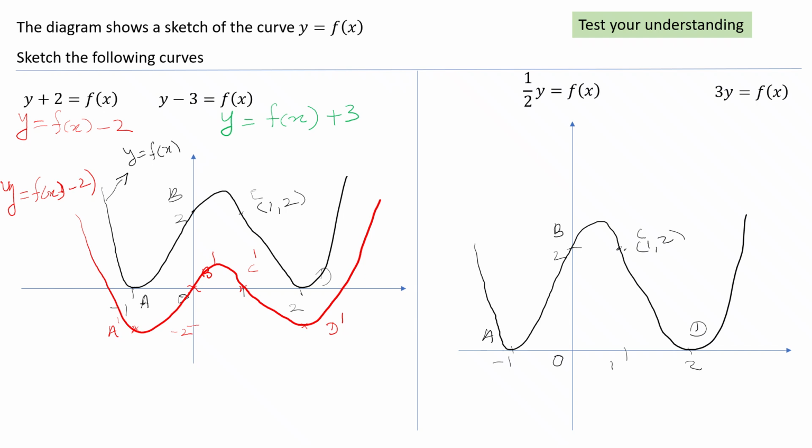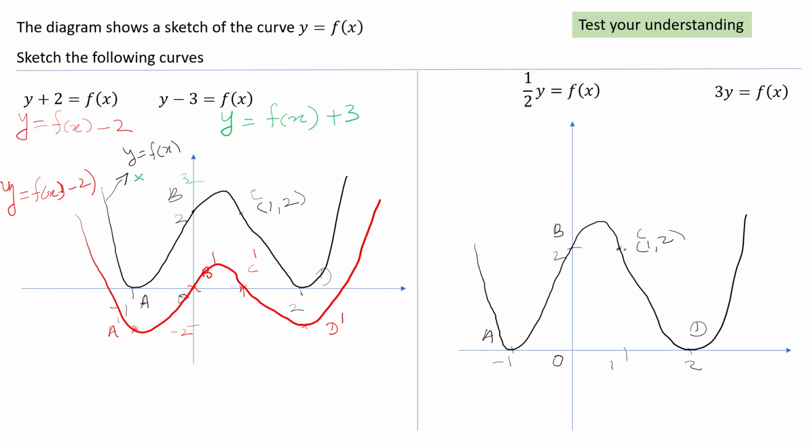So again, the y coordinate is increased by 3. So let's mark the new points. I'm going to mark point A. The y coordinate is 0, so the new y coordinate is increased by 3. So the new y coordinate is 3.